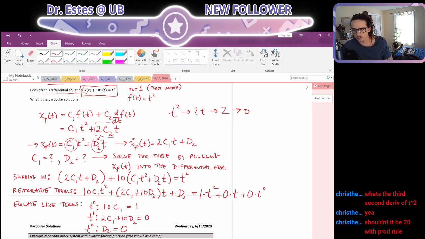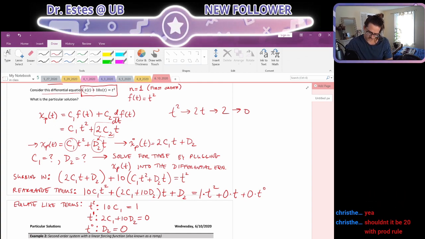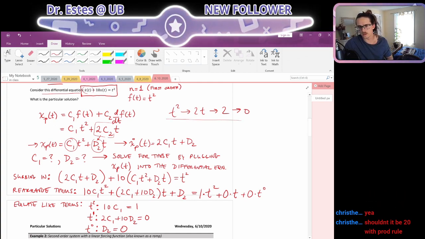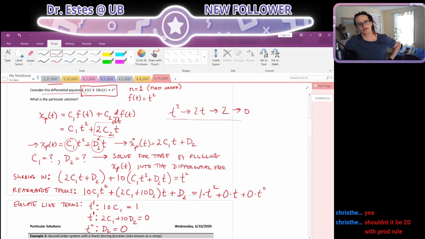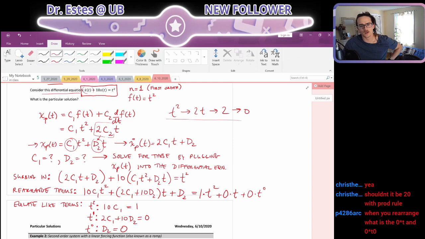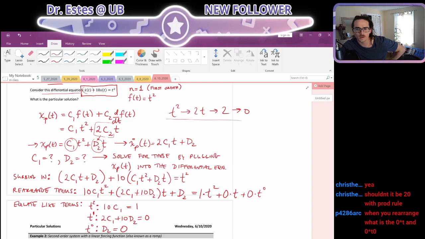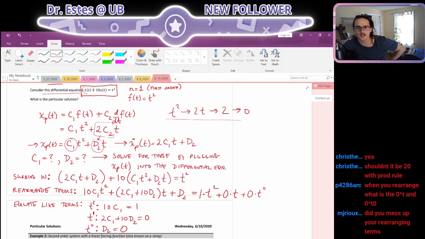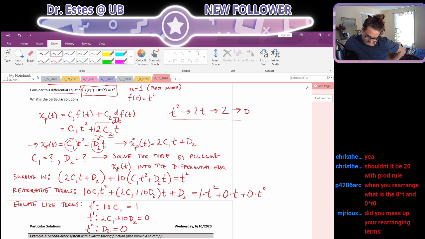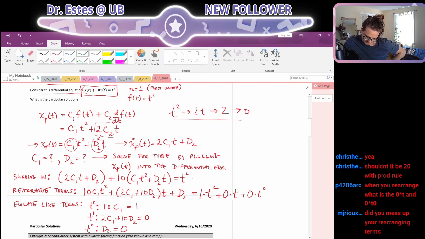Shouldn't it be 20 with the product rule? Are we talking about up here? When you rearrange, what is the 0 times t and 0 times t0? Did you mess up your rearranging terms? Okay, let's explicitly write this out.